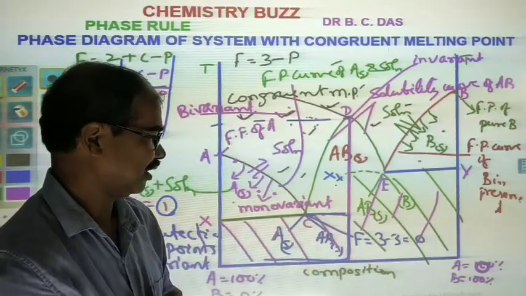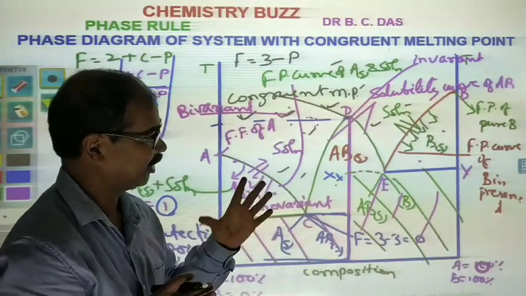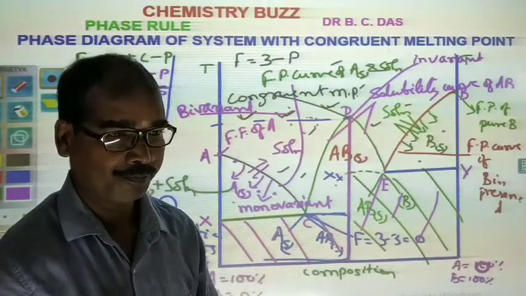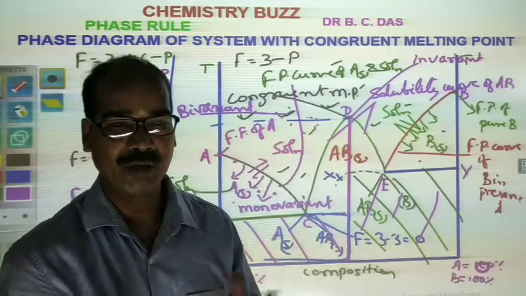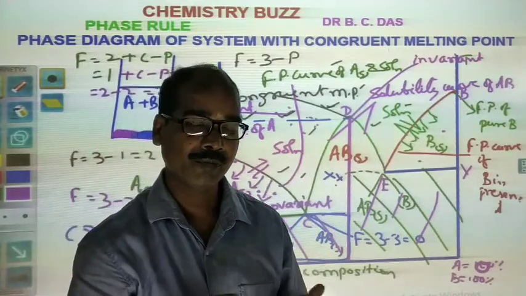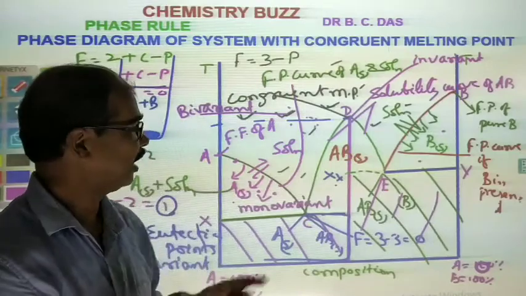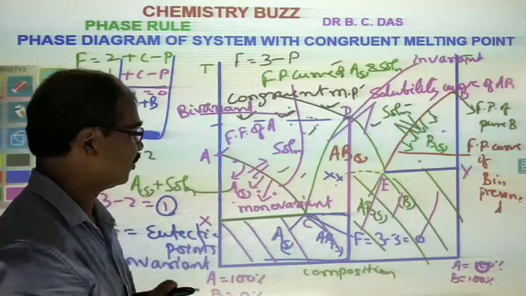So we have calculated the degree of freedom for this, and I hope you can solve any question, whether objective or descriptive. In the examination, you can calculate the degree of freedom and identify the different curves.